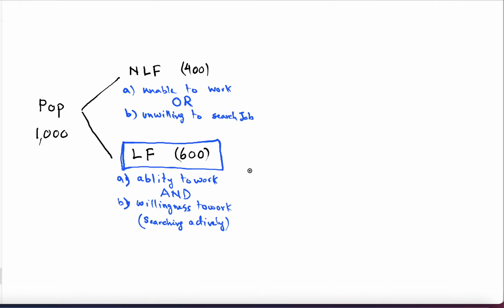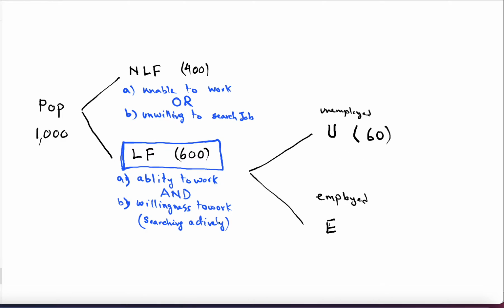this is classified into two groups. A group which are unemployed, U, or the ones who have found a job and are working, employed, and we call it E. Okay, so let's say out of these 600, the unemployed are actually 60 people who are willing to work, able to work, but they don't get the job.